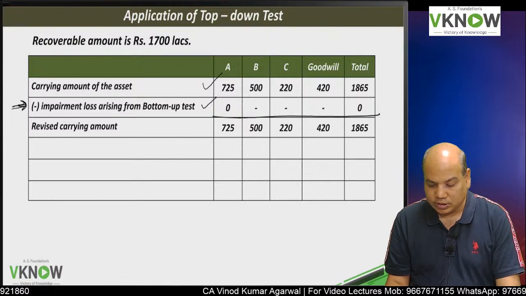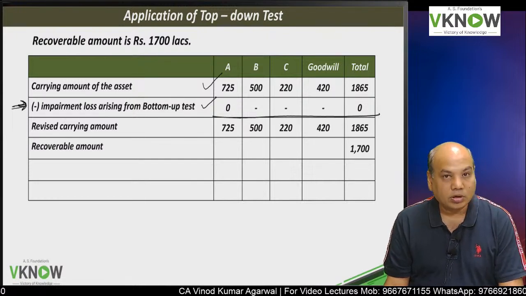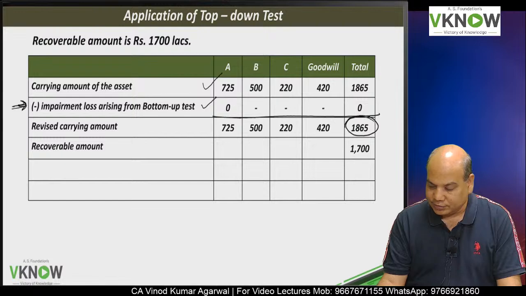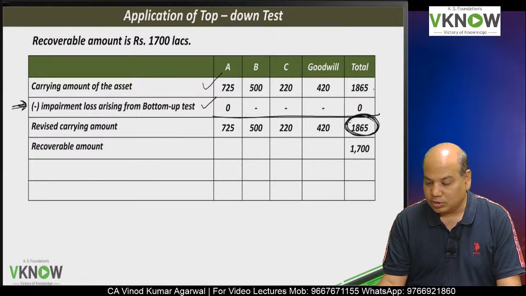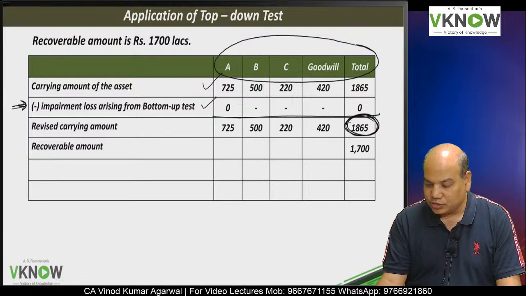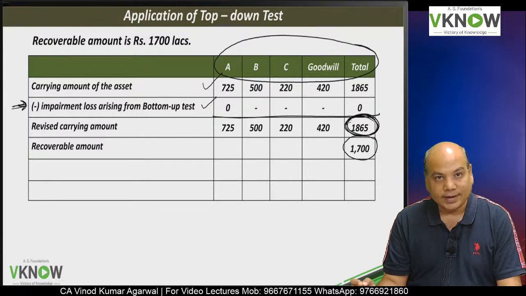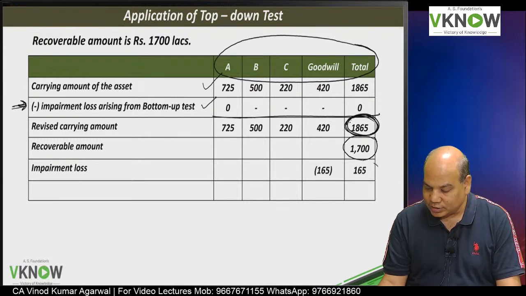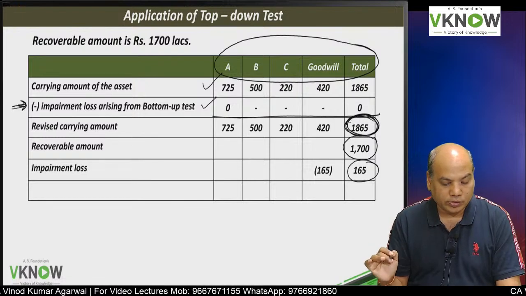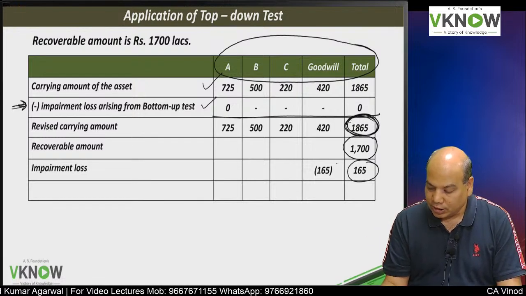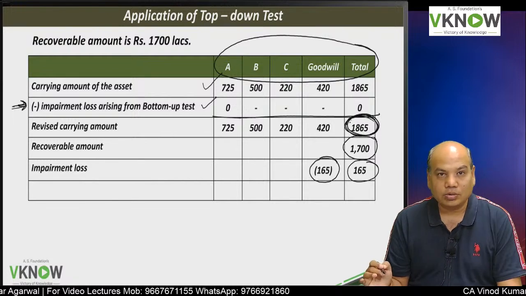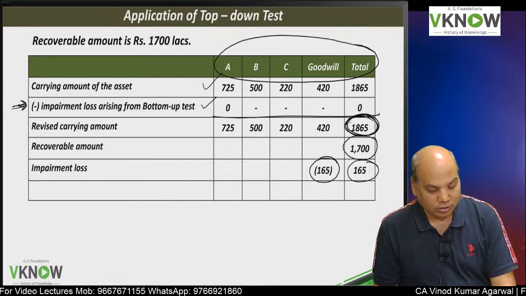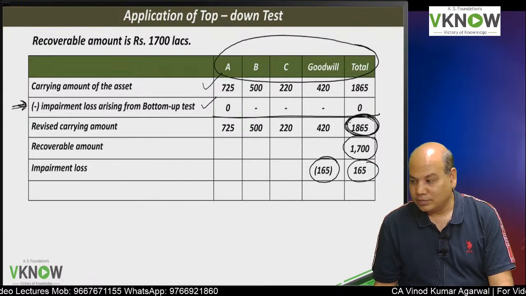Okay, so we'll get the same answer. Now recoverable amount, last line of the question, 1700. 1865 is the total carrying amount of this larger CGU. Recoverable amount is 1700. So there is impairment loss of 165. That impairment loss will be fully allocated to goodwill.